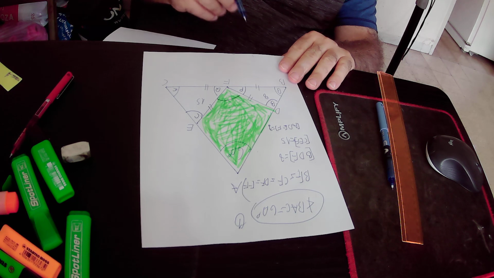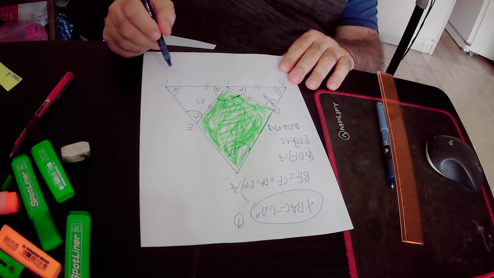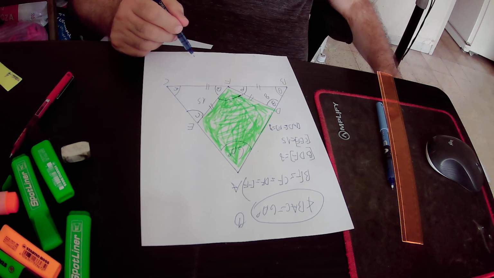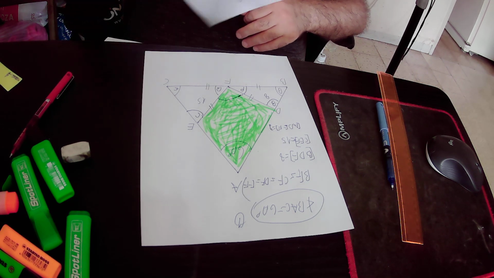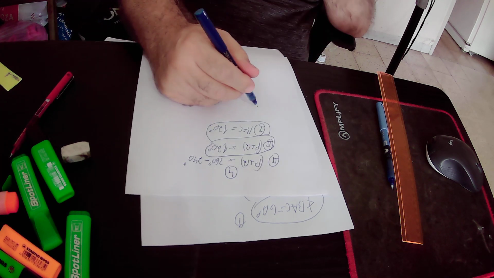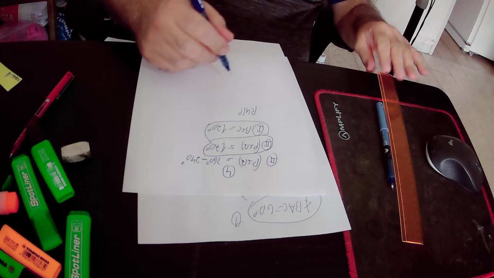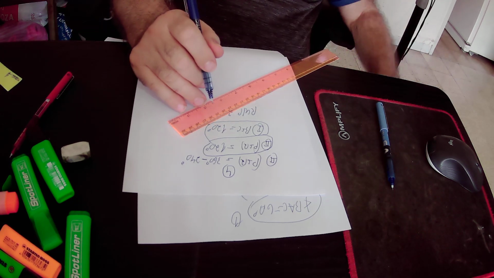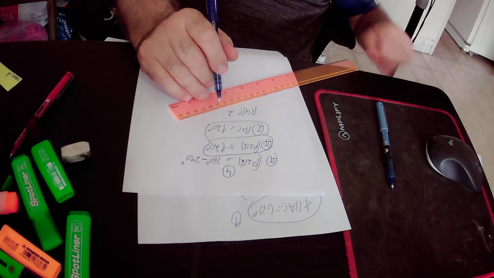Okay, according to the rule that the sum of the angles on a straight line equals 180 degrees, it is rule number 3.